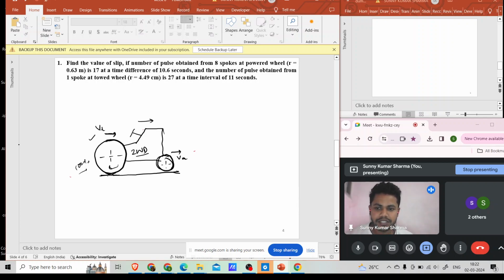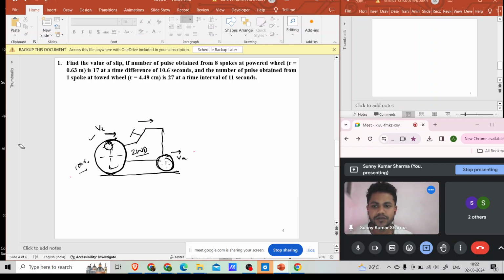So what we do is that we put a proximity sensor here, and we make a plate in which we have some spokes. The number of spokes which trigger this proximity sensor generates some pulses on the computer monitor, and from the pulses we calculate the theoretical velocity.